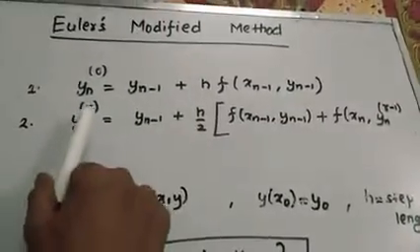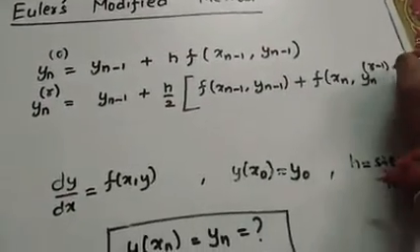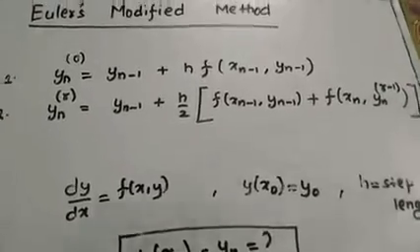So if you are finding for r iteration, that is r minus 1, bracket closed.